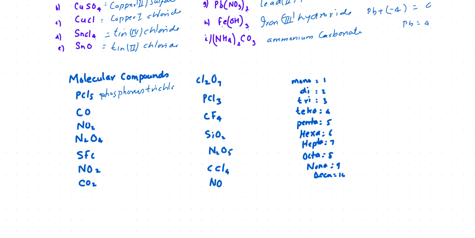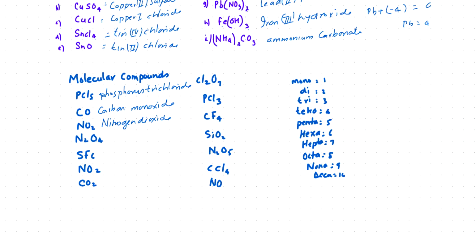CO. C is carbon and one oxygen is there. So it's called carbon monoxide. Mono means one. NO2. First element we name, that is nitrogen. And how many oxygens are there? 2. So nitrogen dioxide. N2O4. There are 2 nitrogens, so dinitrogen, 4 oxygens, so tetraoxide.